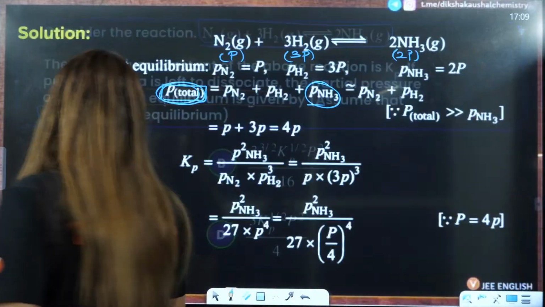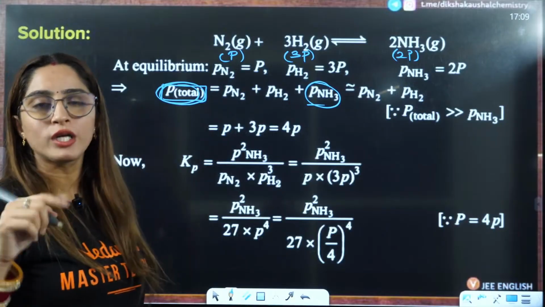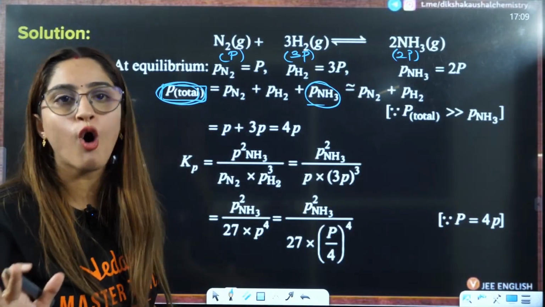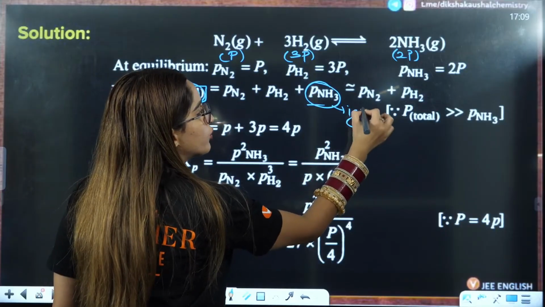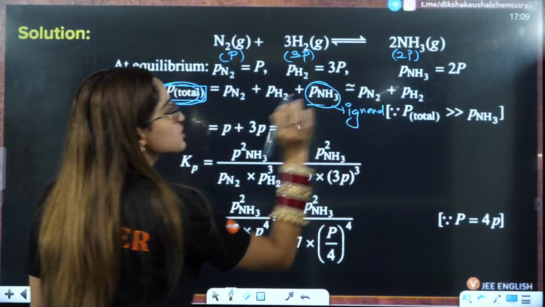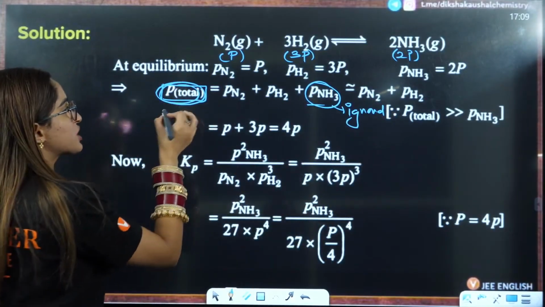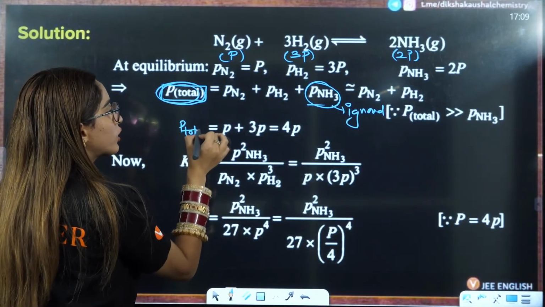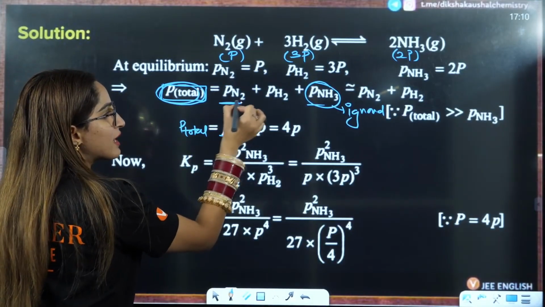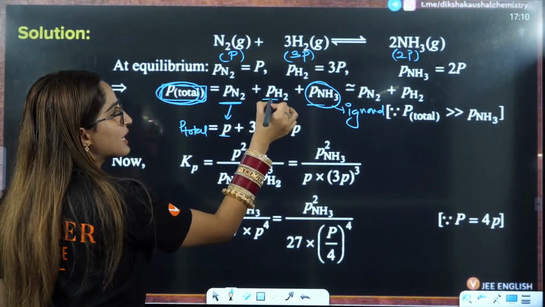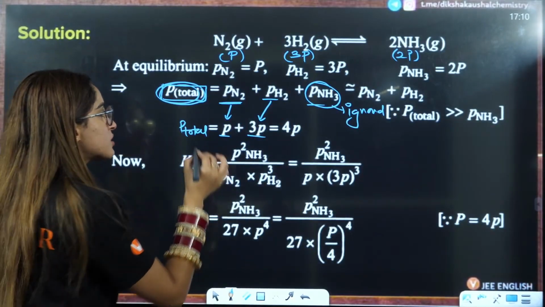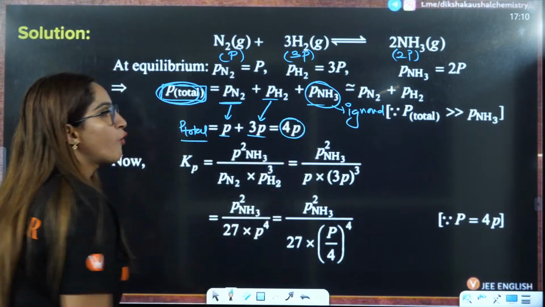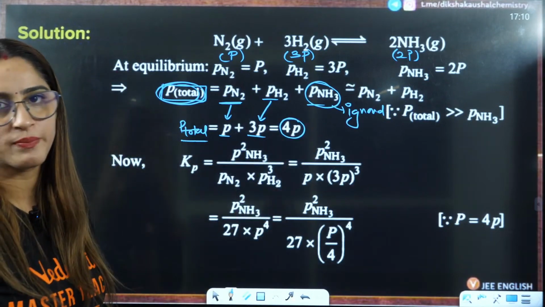That means when you are calculating total pressure, you can ignore the pressure of NH3. So this will be ignored. That means total pressure will become the pressure of N2, that is P, plus the pressure of H2, that is 3P, right? So now the total pressure is 4P.